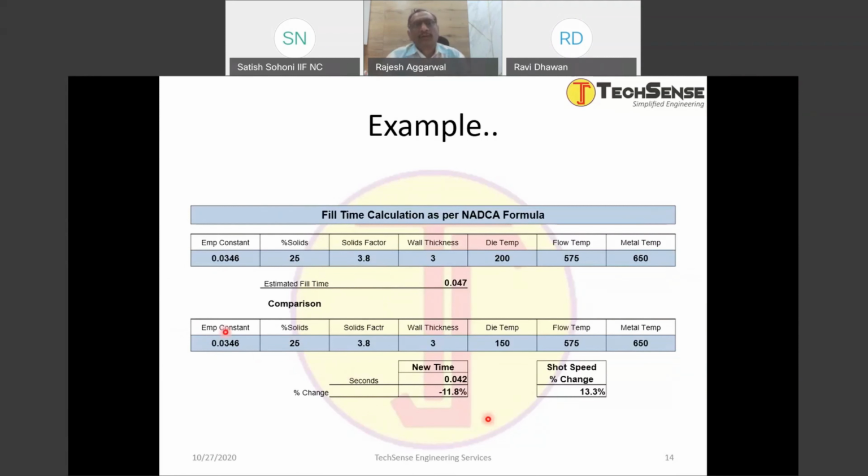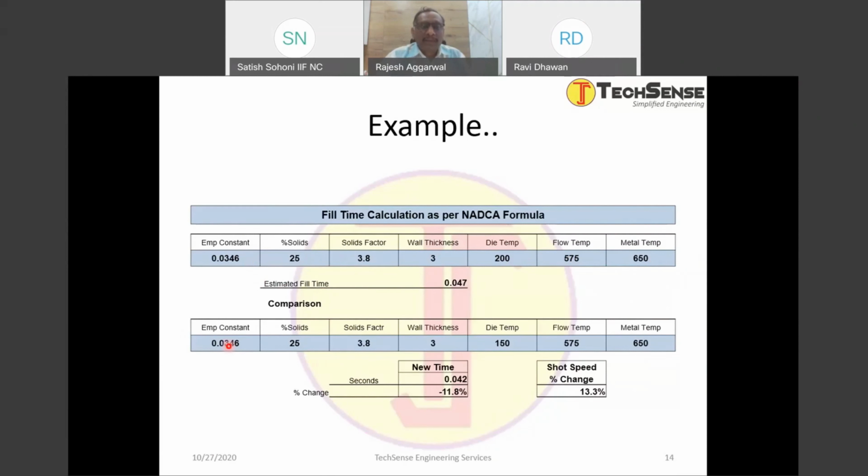Now, if I look at these variables with a casting thickness of 3 millimeter, percentage solid of 25%, solid factor of 3.8, die temperature, flow temperature, and metal temperature, the estimated fill time required is 0.047.